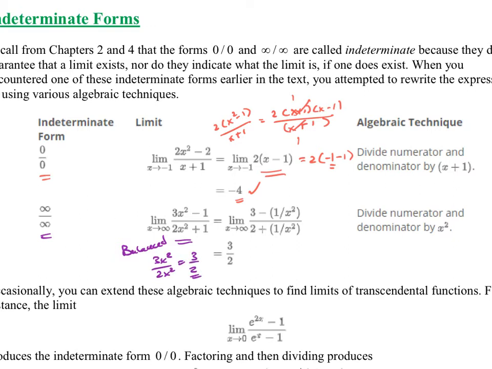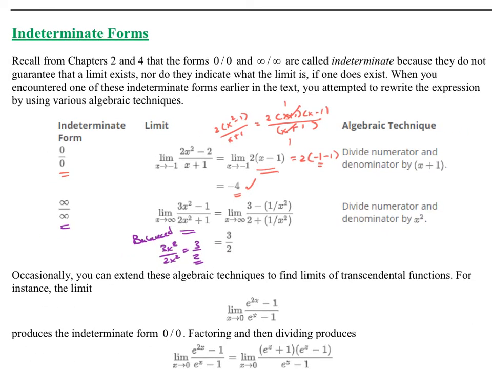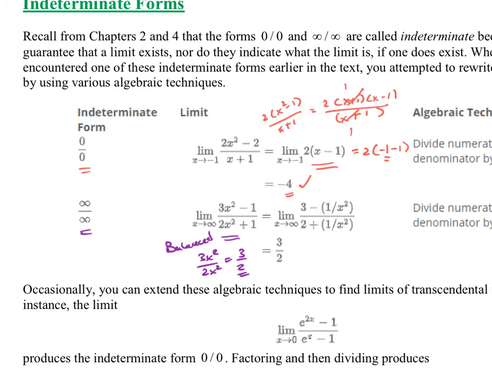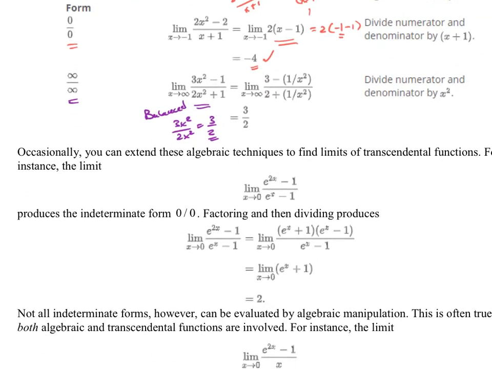We also had top heavy, where we know it goes to infinity or negative infinity, and bottom heavy, where it went towards 0. But this was a case of infinity over infinity. So we were able to solve some of these indeterminate forms: 0 over 0, and infinity over infinity.